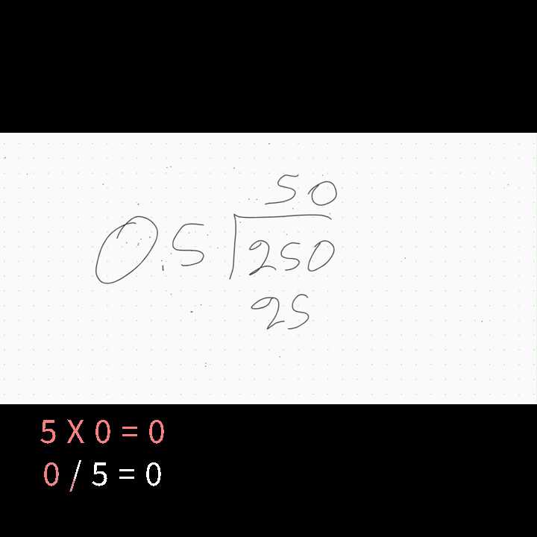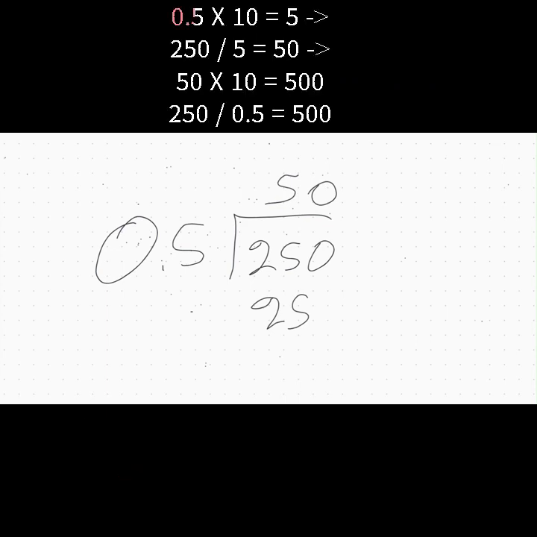But we have to move our decimal place. This is going to have us move the decimal place this way, which is going to turn this into 500. So 0.5 going into 250 will be 500 times.